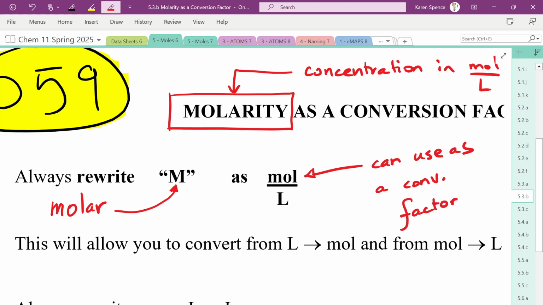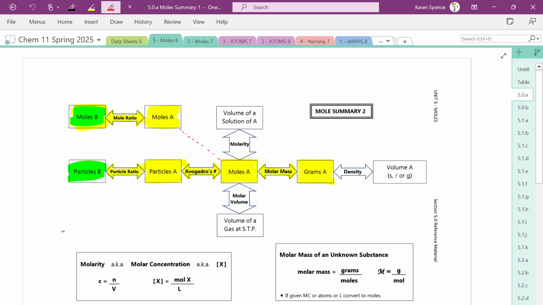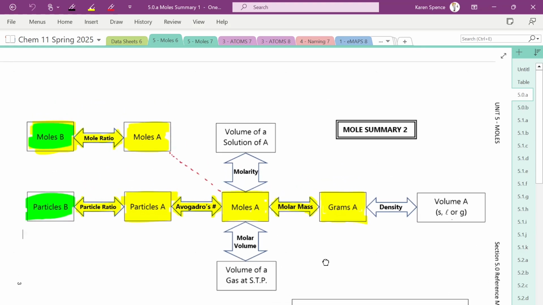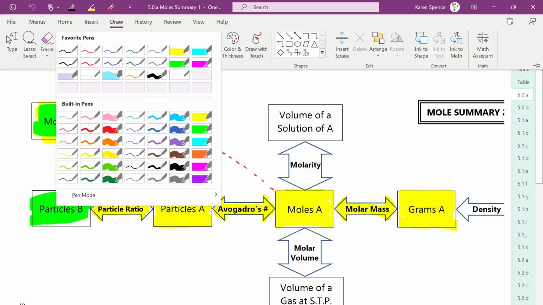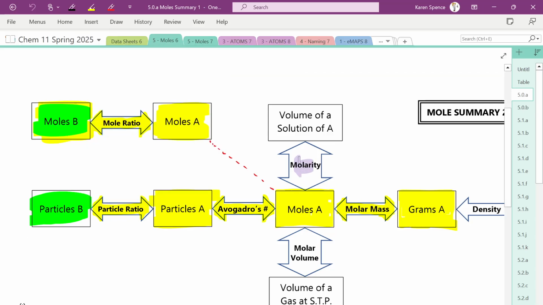Just so that you are aware, on your purple sheet, this is going to be the branch where we go up to the top. So our molarity takes us from the volume of solution to the moles, because molarity is measured in moles per liter.